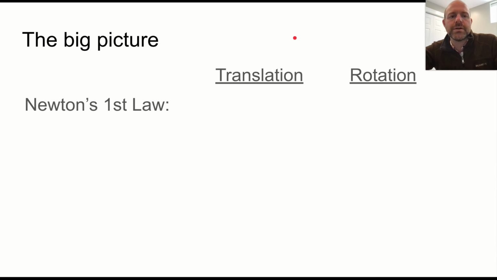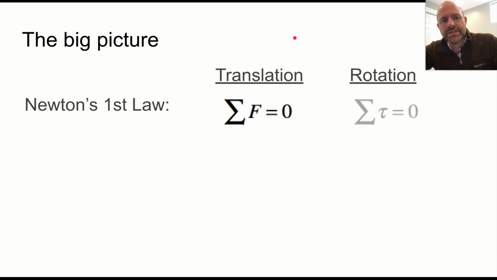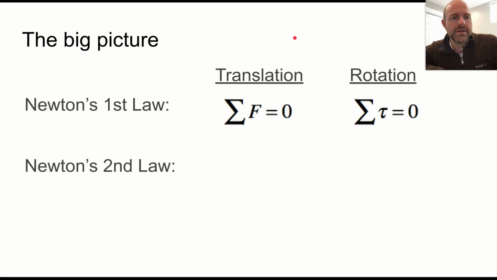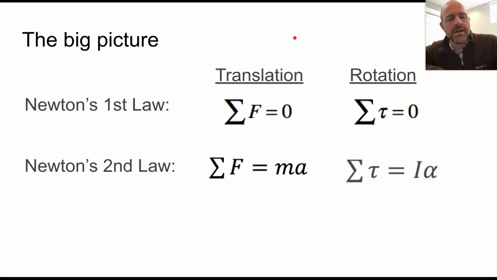So what's the big picture here? Well, Newton's first law, in translational relationships, we already talked about this with statics and static equilibrium: net force is 0, net torque is 0. So it follows that net force equals ma for translational motion would have a similar relationship where net torque equals something.